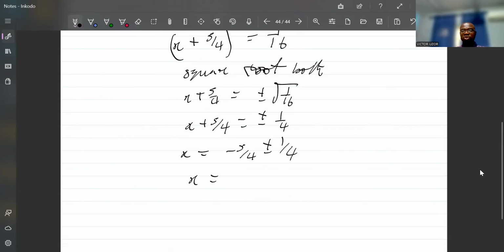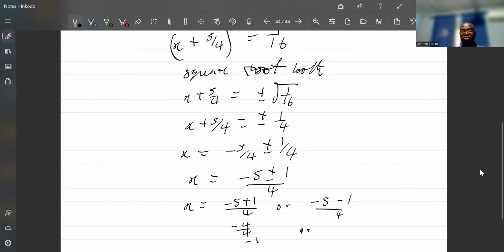Then x equals, split it, negative 5 plus or minus 1, over 4. So if you split it, I have x equals negative 5 plus 1 over 4, or negative 5 minus 1 over 4. This will give you negative 4 over 4, which will give you negative 1.